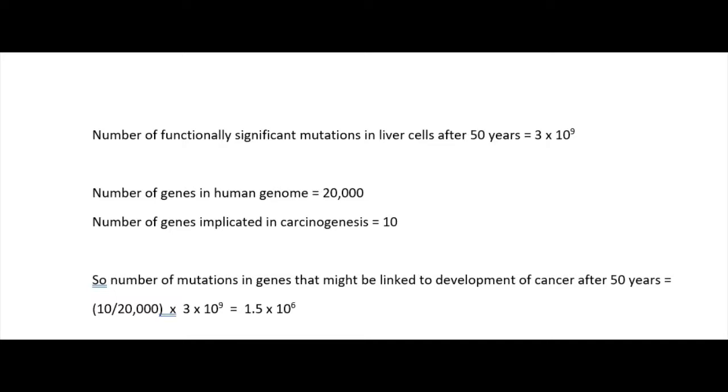So if we multiply our 3 times 10 to the 9 mutations by the fraction of genes which could be implicated in generating a cancer, we come up with a number of 1.5 million. So that looks like a very scary number, because again, that suggests there are 1.5 million cells in the liver which seem to be poised to lead to the development of a tumour, and obviously that can't be right.